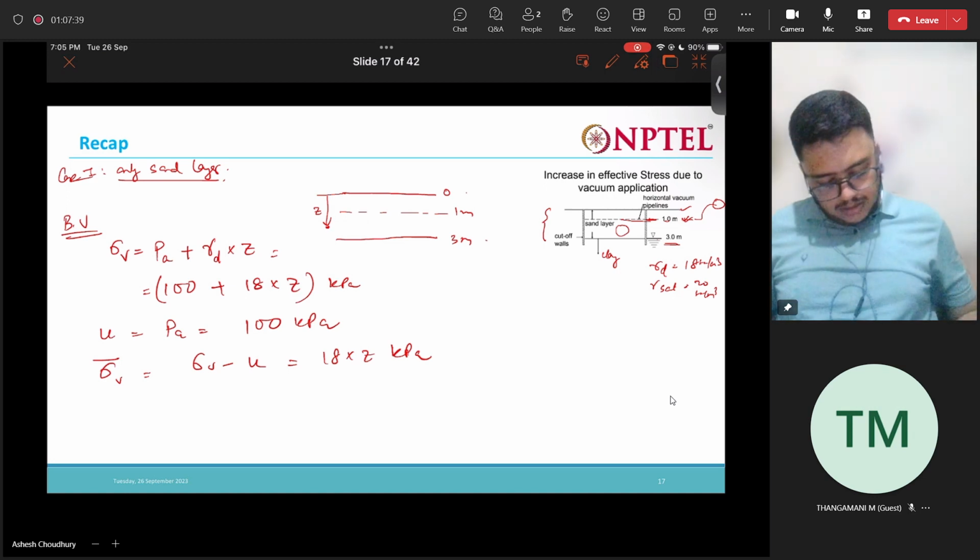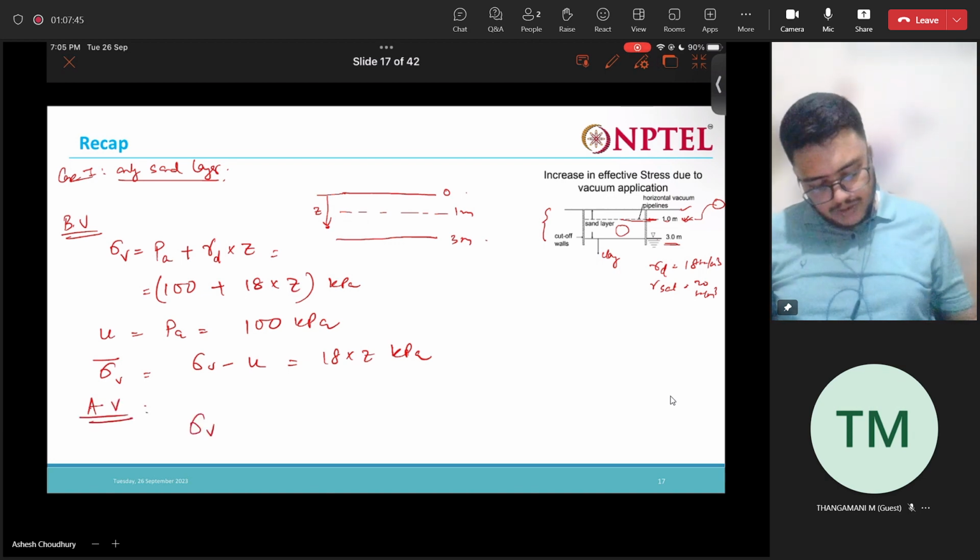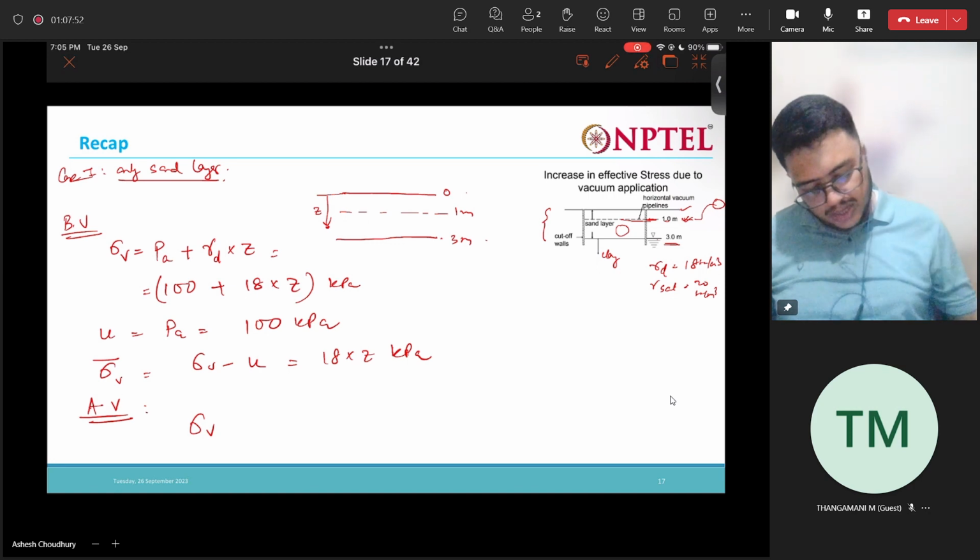Now after application of vacuum pressure, what is the total stress at this depth? The water table was earlier here, right? Now it will go up to here.